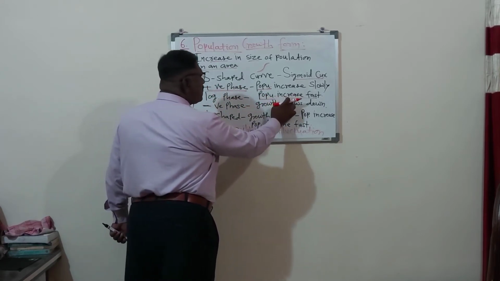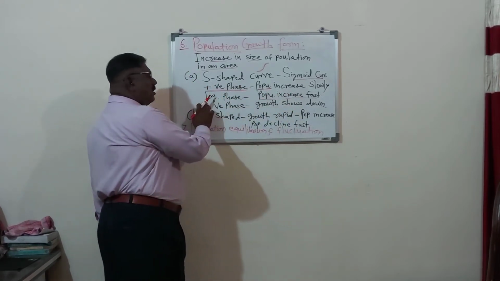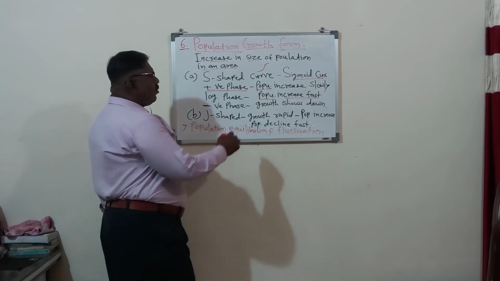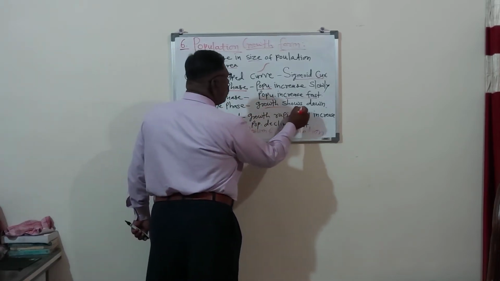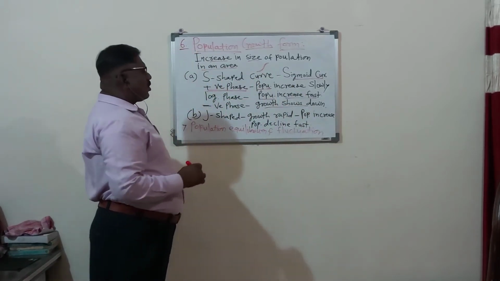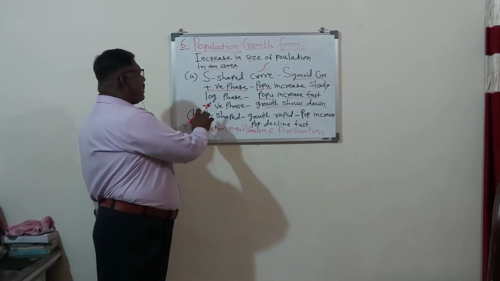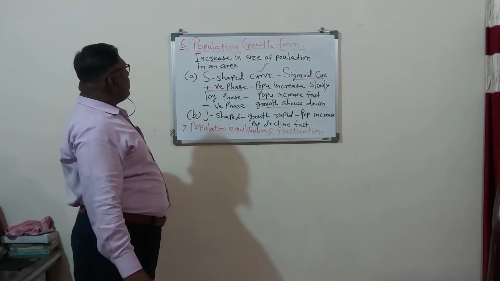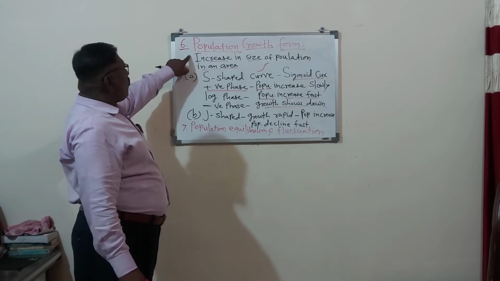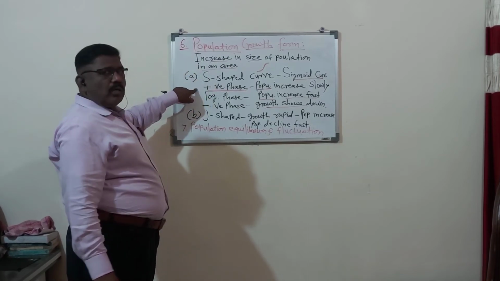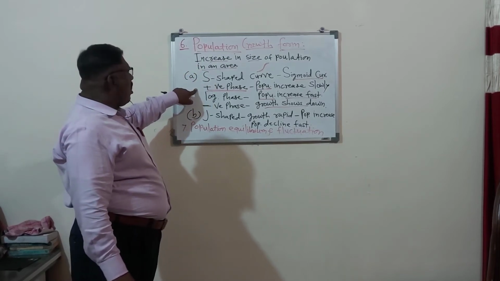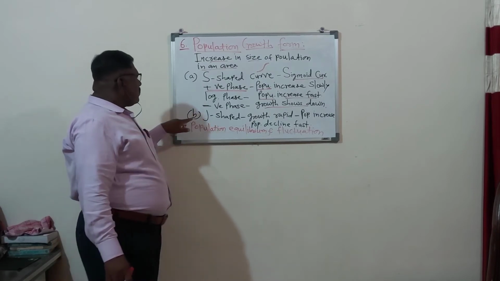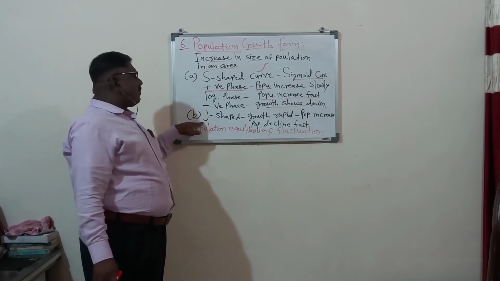If the population increases fast, it indicates the logarithmic phase. And when population growth slows down, that is called the negative phase. So remember, in the population growth form, there is an S-shaped curve when we draw on a log paper. The second one is the J-shaped curve.